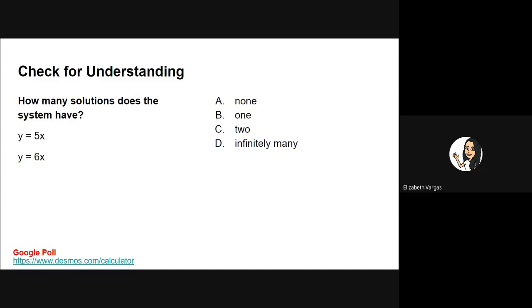About 1 more minute. So basically you're graphing those two equations on Desmos and telling me how many solutions that system has. None, 1, 2, or infinitely many? About 30 seconds and we'll go over this together. Okay, about 10 more seconds.